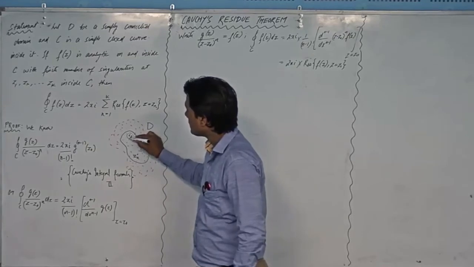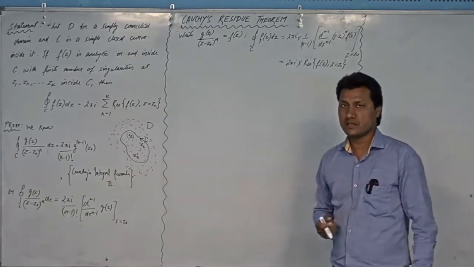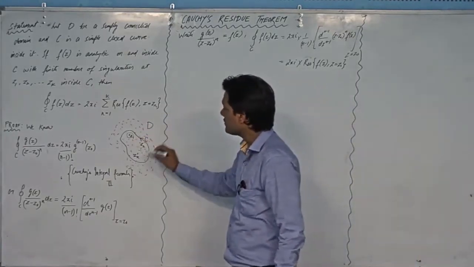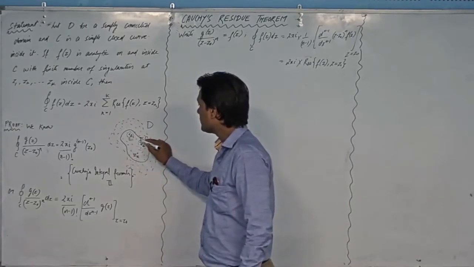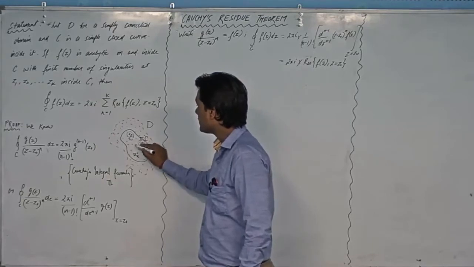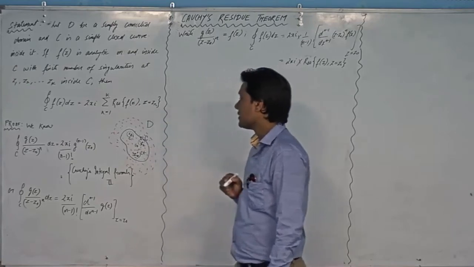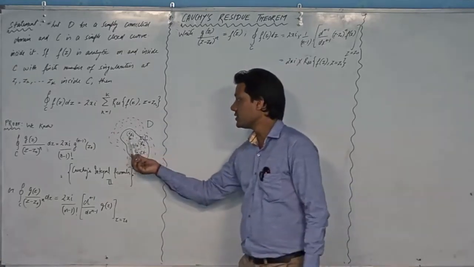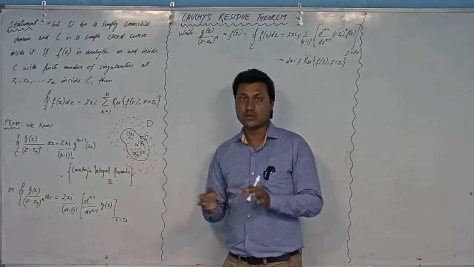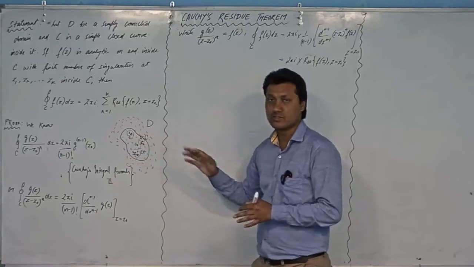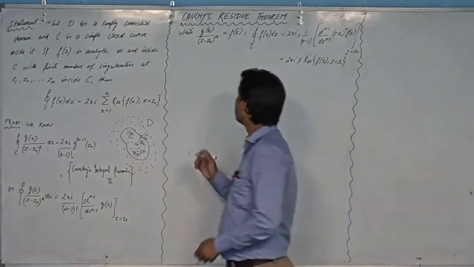If you remember the working of Cauchy's theorem for a multiply connected domain, the outside curve is replaced by simple circles: the first circle is C1, the second is C2, the kth is Ck. Remember that all of these small circles must have radius as small as possible so that they do not overlap with each other.